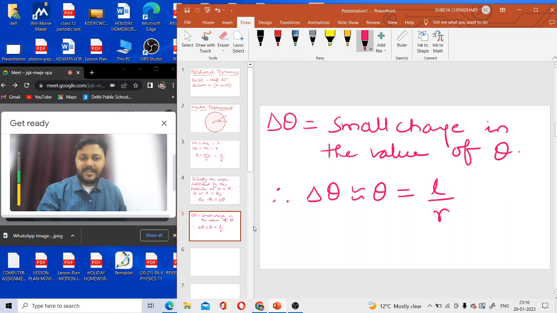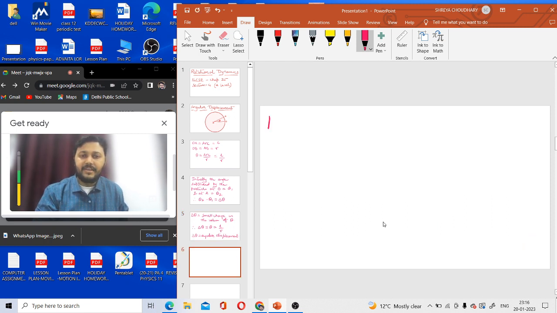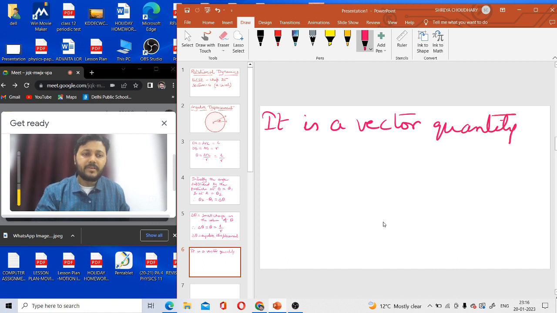So delta theta is your angular displacement, and it is a vector quantity. The SI unit is radian.